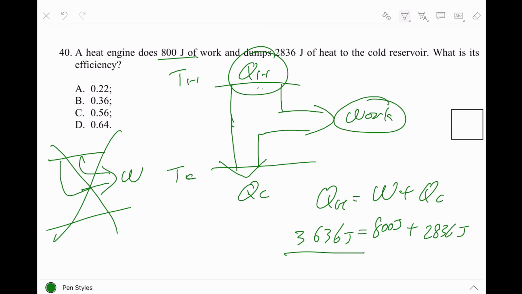But it won't work because this is nature. There's a second law of thermodynamics. It says it just won't work. So you got an efficiency. The efficiency is how much work done you get, which is 800 joule, over how much you initially input. So this is 0.22. So the answer is A.